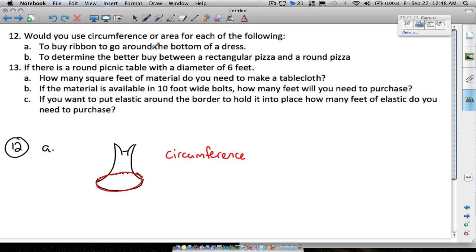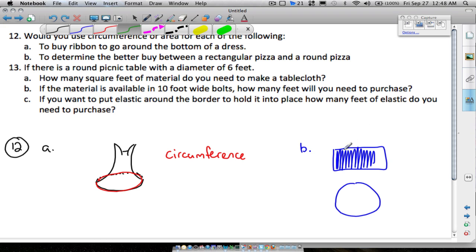Whereas for question B in number 12, to determine the better buy between a rectangular pizza and a round pizza, you don't want to use the circumference or the distance around. What you want to figure out is how much area. Because when you eat pizza, you take a rectangular pizza and cut it into slices.